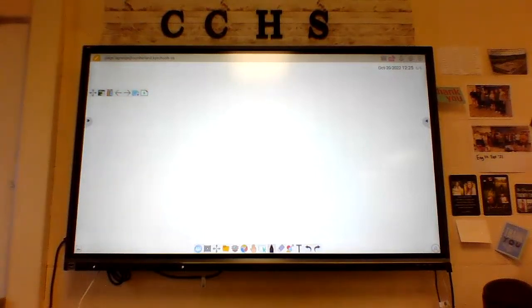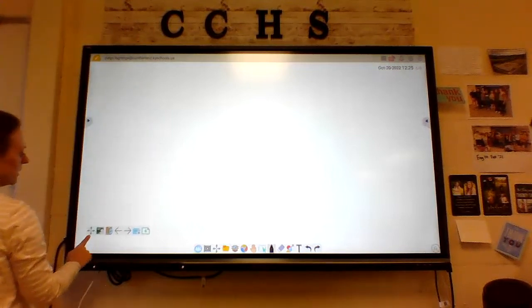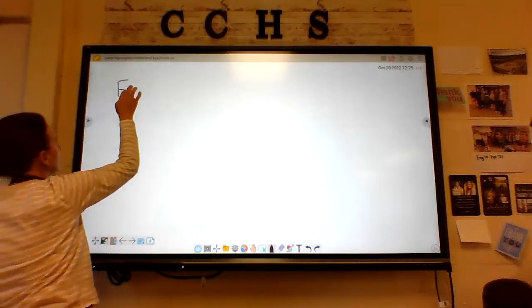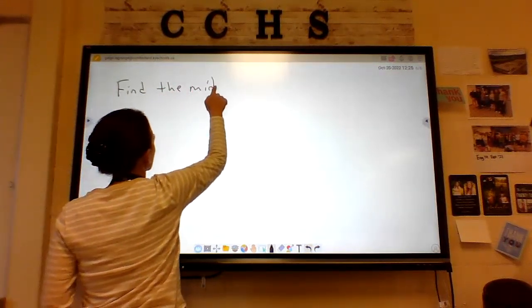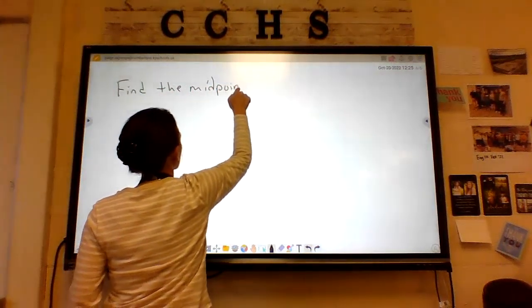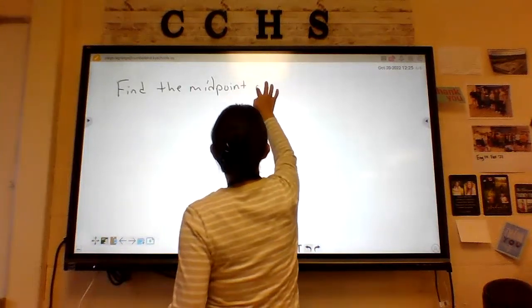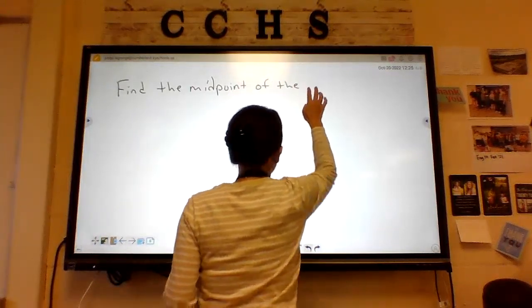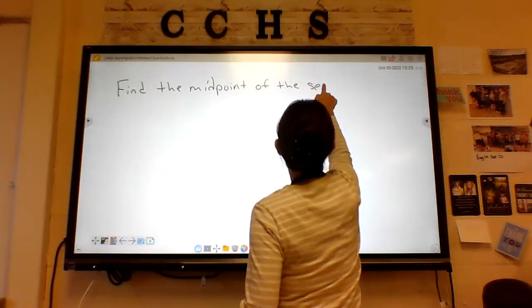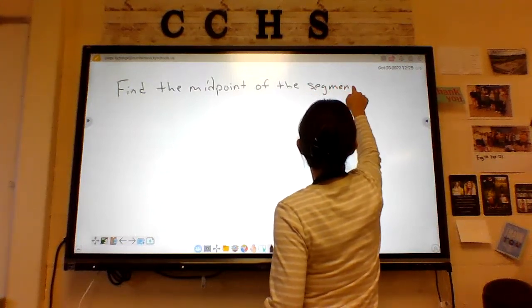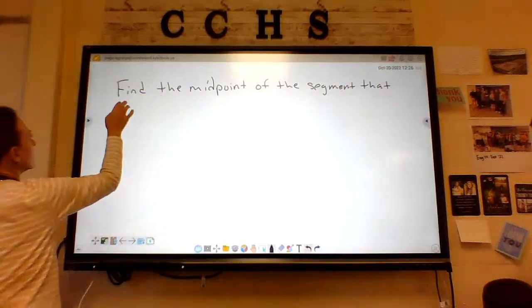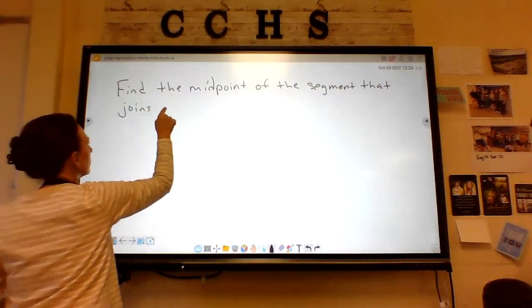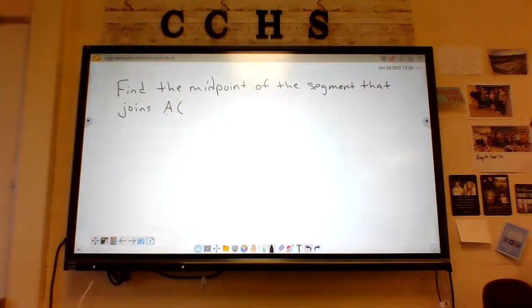All right. So let's look at one. You may have a question that says something along the lines of, find the midpoint of the segment that joins the point (-2, 1) and another point.